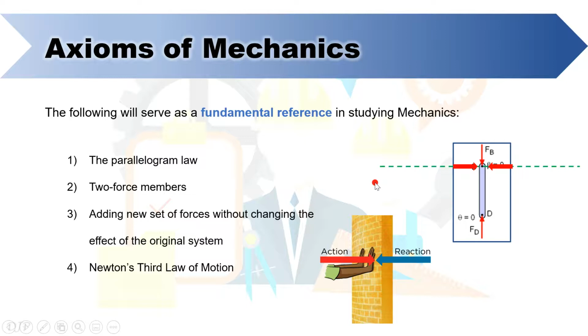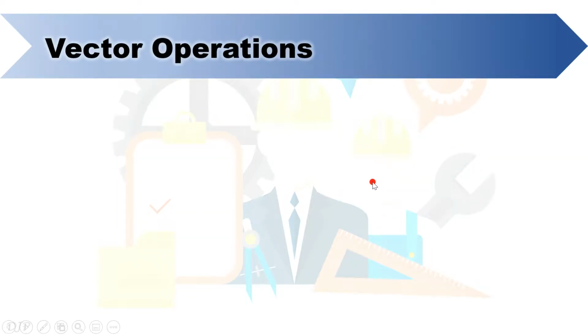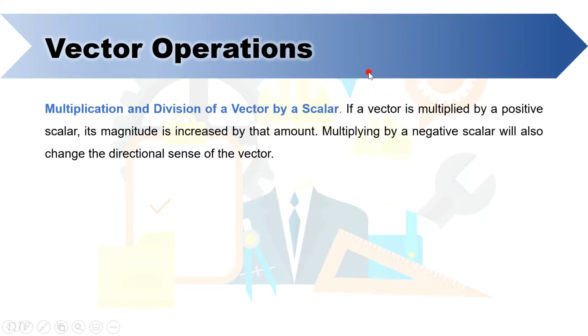To deal with computations involving force, which is a vector quantity, we need to review the vector operations which we have already encountered as students during our physics class. For vector operations, let's discuss first the easiest, which is multiplication and division of a vector by a scalar. These operations are similar to multiplying and dividing two scalar quantities.